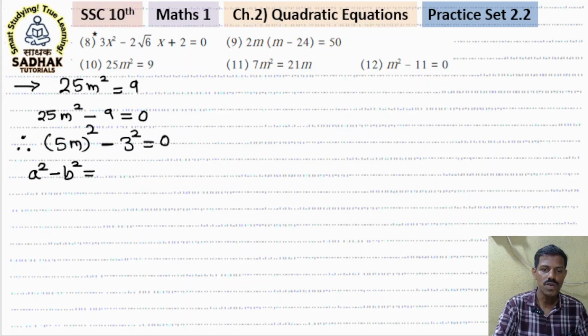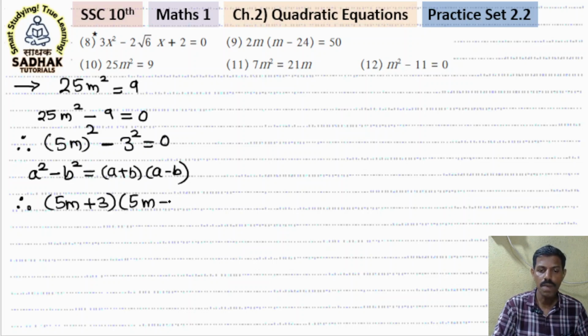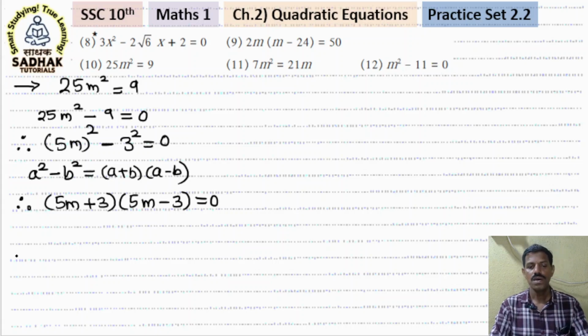Fine. So we know the expansion of this. A square minus b square is a plus b, a minus b, right? So let us use that formula. So 5m square minus 3 square will be 5m plus 3 multiplied by 5m minus 3 is equal to 0. Okay, so see, we got the binomials that are required.